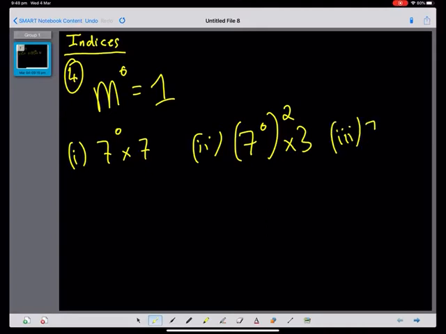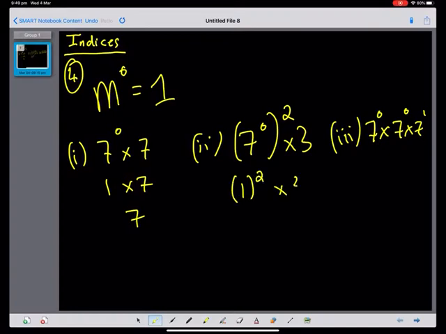And let's do 7 to the 0 times 7 to the 0 times 7 to the 1. Okay, so anything to the power of 0 is 1, times 7 is 7. Here, anything to the power of 0 is 1, so we got 1 squared times 3. 1 times 1 is 1, so we're just left with 3. 1 multiplied by 7 gives 7.